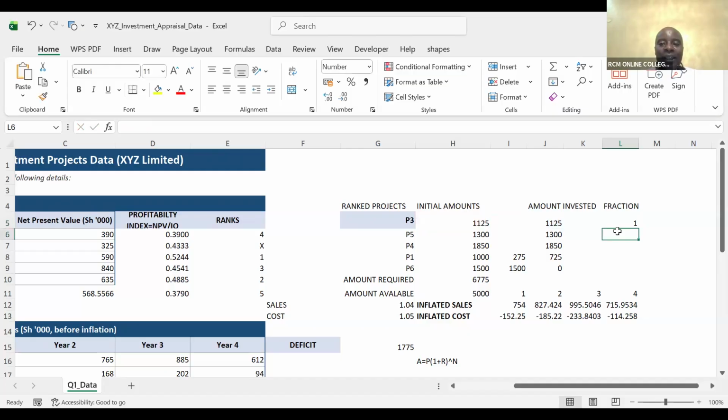They enter, and then they drag this down nicely. They drag this down here, like that. This should not have come to 1. That must be something to do with rounding off. No worries. I'll be able to sort that out.